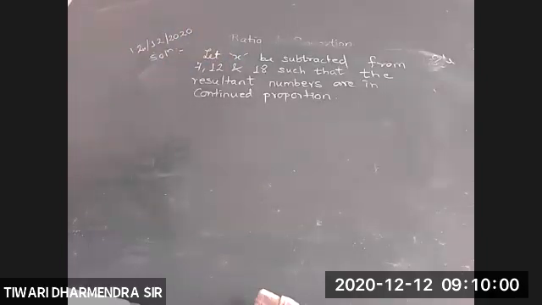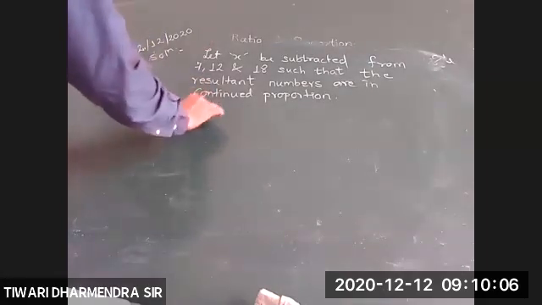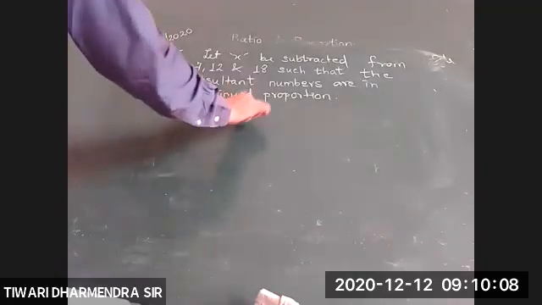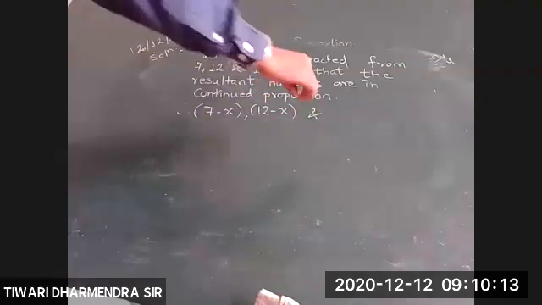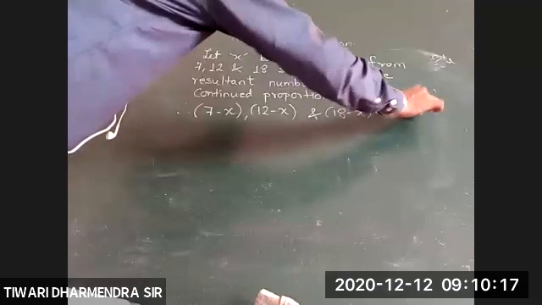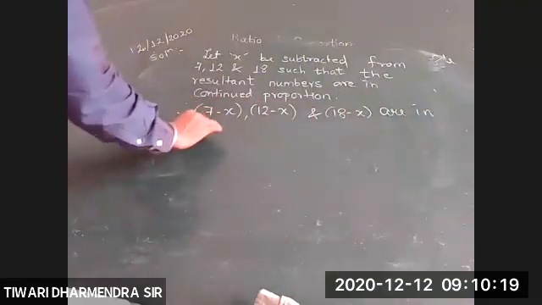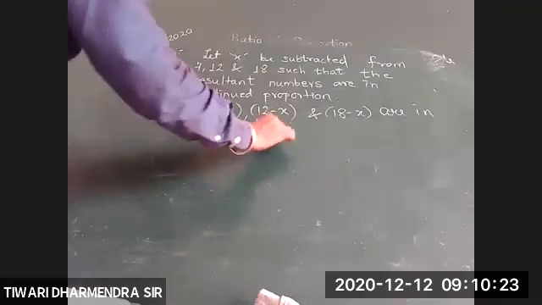Therefore, the numbers that we get after subtraction of x are 7 minus x, 12 minus x, and 18 minus x, which are in continued proportion.